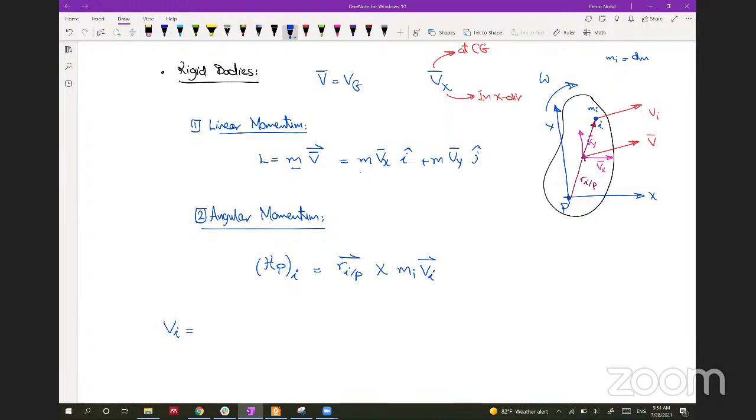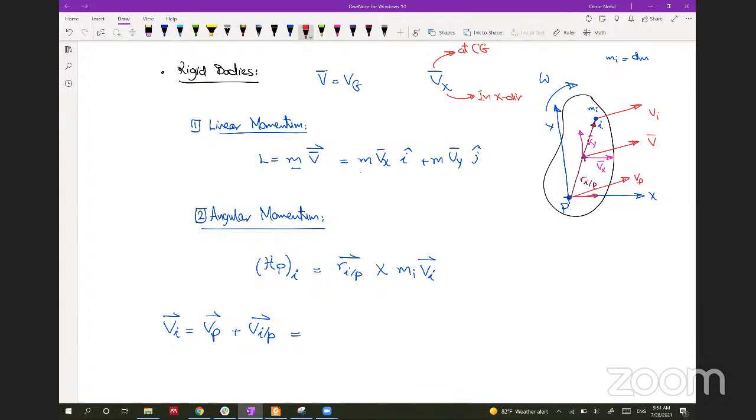Okay, so let's get v_i. The velocity at i will be equal to the velocity of B, plus v_i with respect to B, as we learned from relative motion. So let's assume that the velocity of B is something like this.